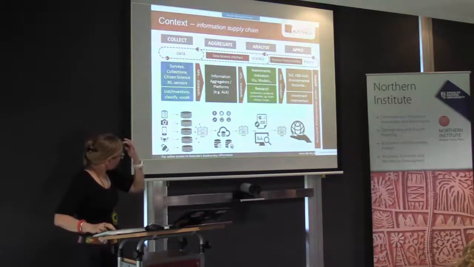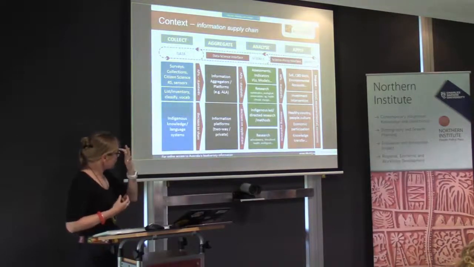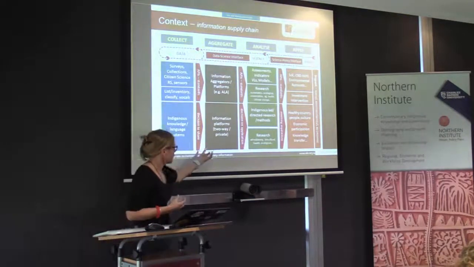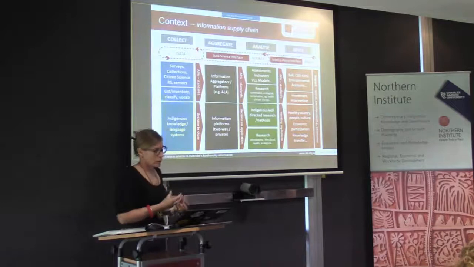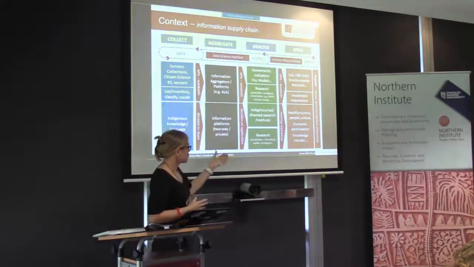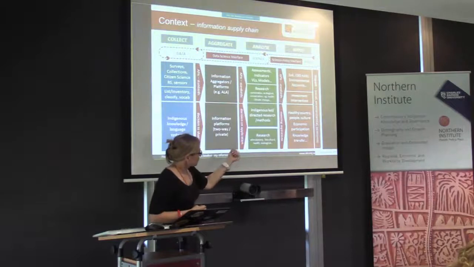But one way that I've been thinking is appropriate is to think about whether we can think of Indigenous knowledge or knowledge systems in this information supply chain. What are some of those platforms that are there, whether they're for two-way sharing or private sharing, an example of which can be public, but there are key private components as well? And how does that support Indigenous land or direct research, Indigenous methods of research, and support those aspirations?